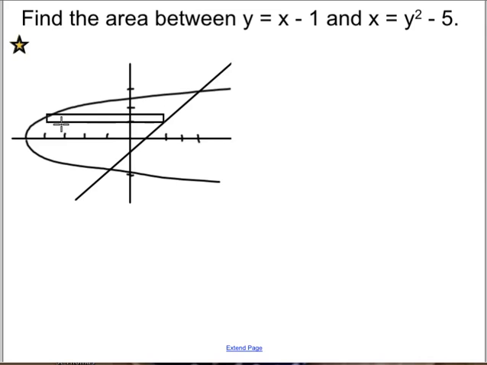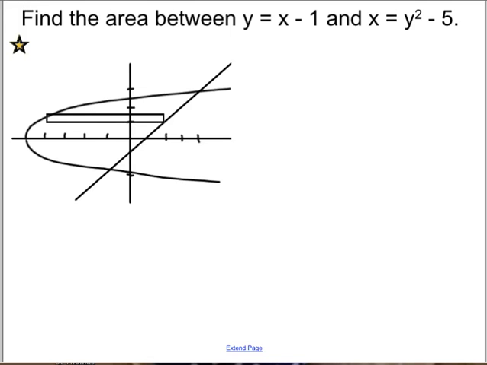So since we're going to use a horizontal rectangular slice, we are going to have to change our two equations. Both of them are going to have to be in terms of y, meaning they have to be an x equals equation. And then you'll notice the greater function is now the function that's going to be on the right side. And then our limits of integration are going to be where they intersect, but the limits of integration are going to be the y values of the intersection.